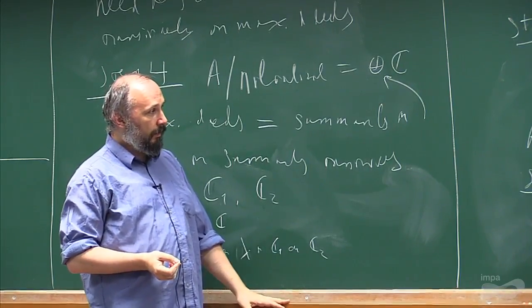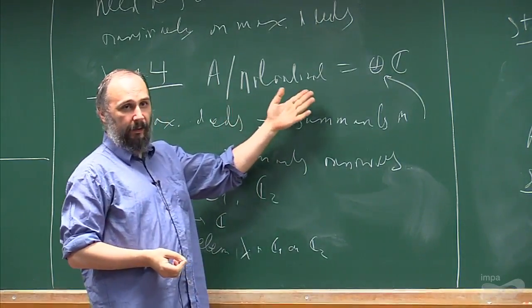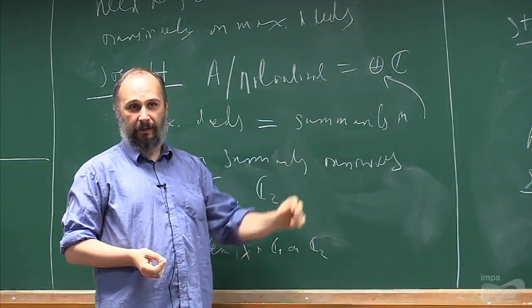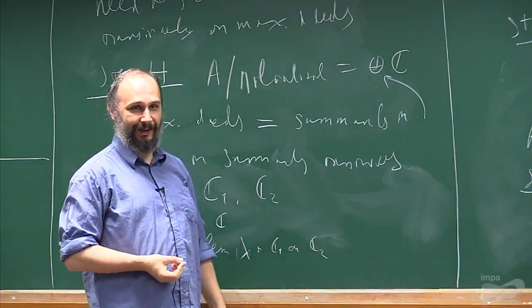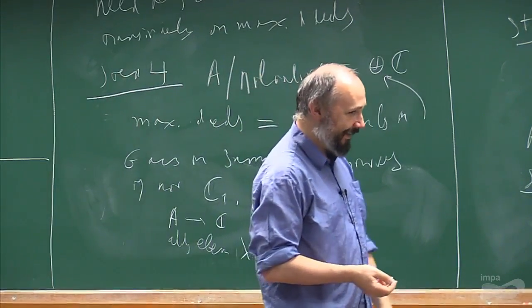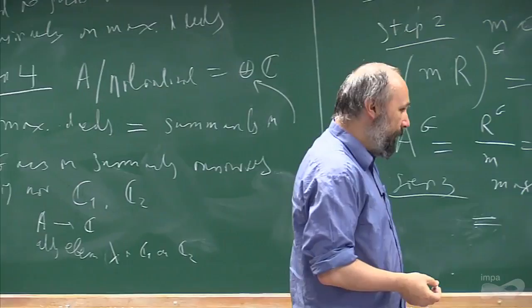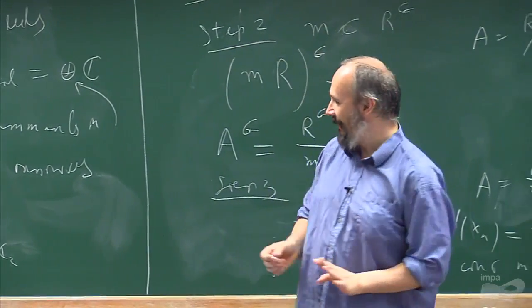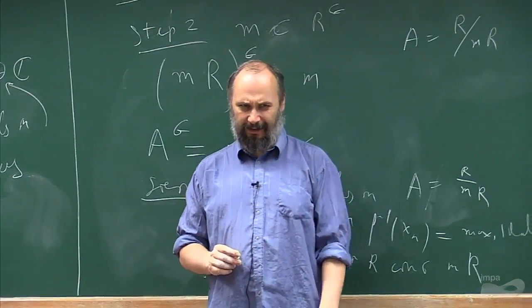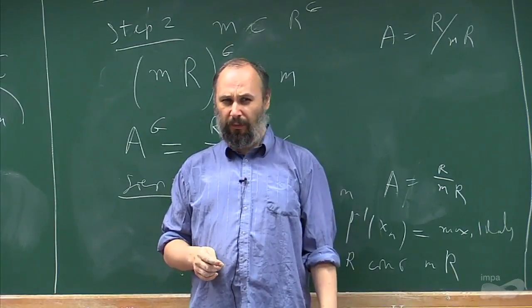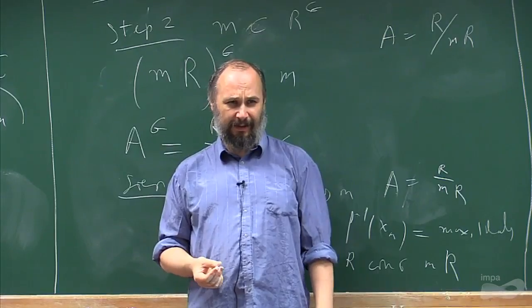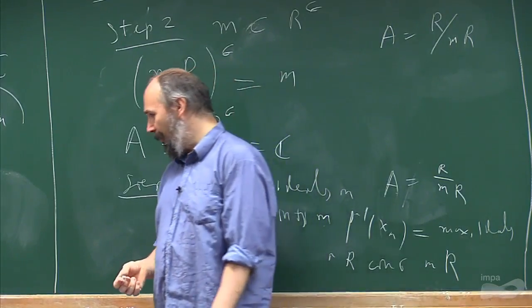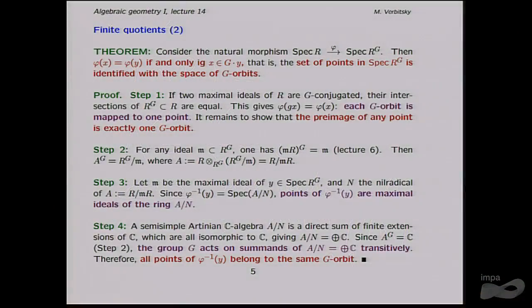So I take a quotient of A by its nil radical, and it is a direct sum of copies of C. We don't know anything about the nil radical, and we don't even care. A priori, who knows? We didn't prove there's no nil radical. I think there is none, in fact. I think it's possible to prove, at least in zero characteristic. But we didn't prove it. Any more questions?